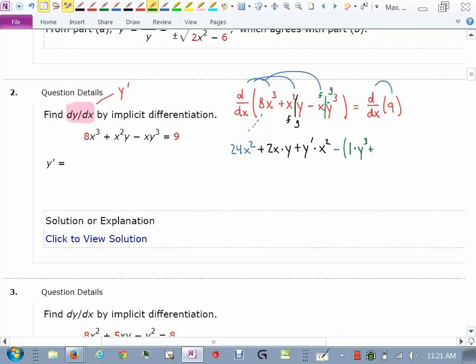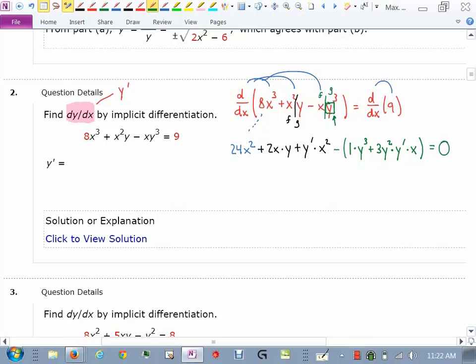So be careful here because this is like a box cubed. The derivative of box cubed is 3 times that box squared, but then times the derivative of the box itself, so the derivative of y, which is y prime. And then to finish off the product rule, we have f, which would be x. And then close that all off, and then remember we had equals 0 over here.